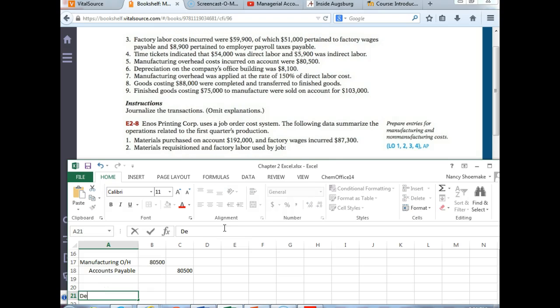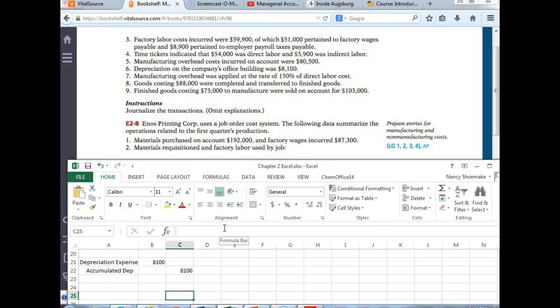So aren't we going to show depreciation expense of $8,100? And we credit accumulated depreciation of $8,100? What if it was depreciation on the factory? Then we would put it into manufacturing overhead. Okay?